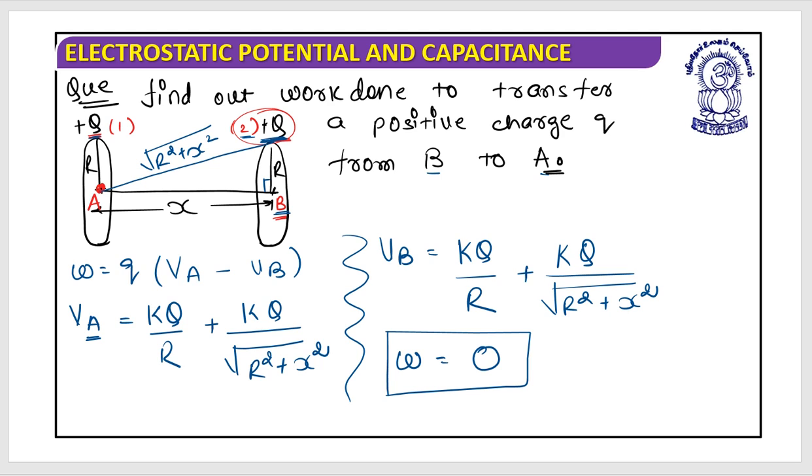And for these kinds of surfaces, when you transfer a charge from one point to another and the work done required is 0, these surfaces are called equipotential surfaces.